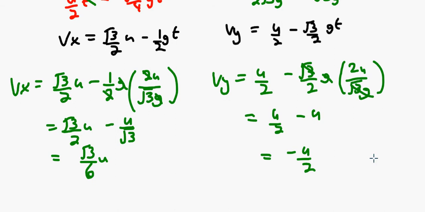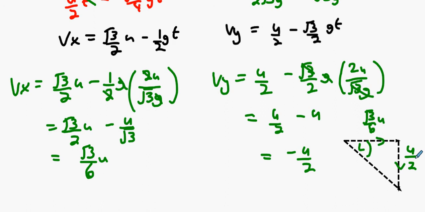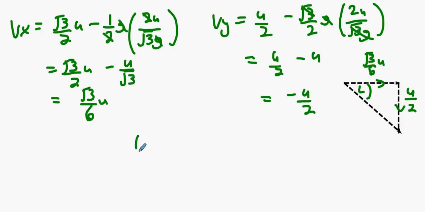Finally, your lambda angle looks something like this. There's your L value, and it looks like root 3 over 6 U, and this is going to be U over 2. See the way I'm ignoring the negative? So tan L is equal to U over 2 divided by root 3 over 6 U. The U's don't matter, so it's basically a half divided by root 3 over 6.